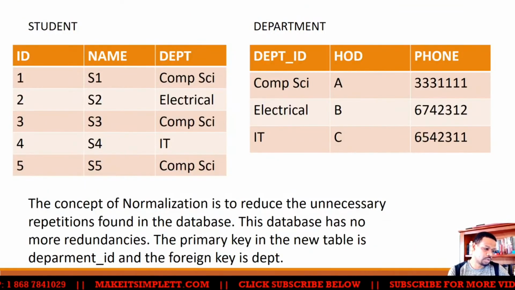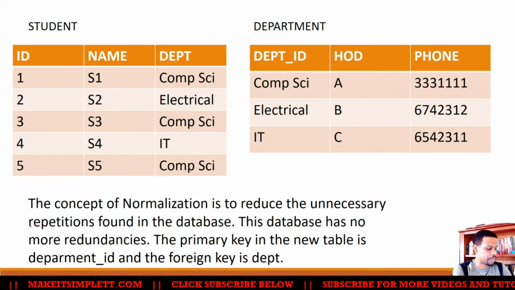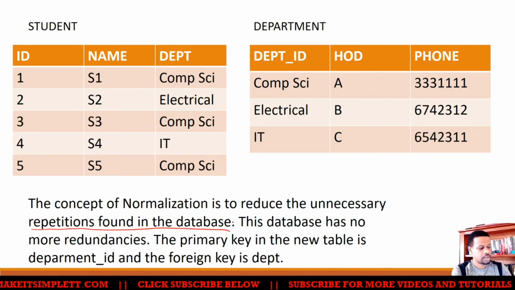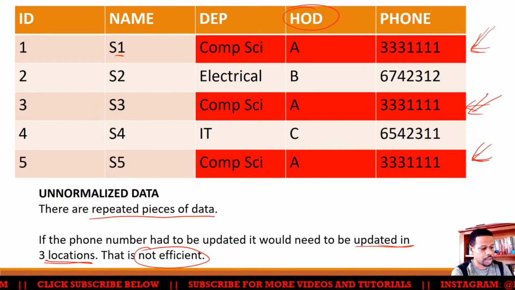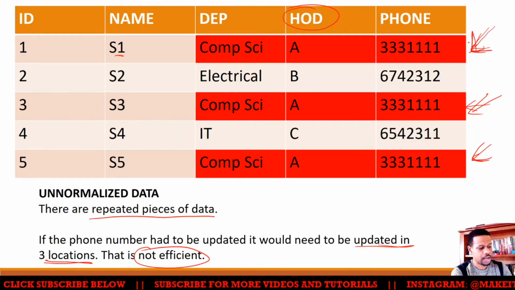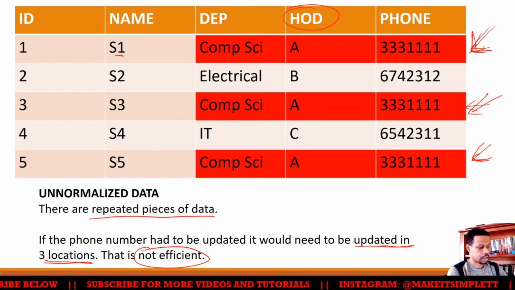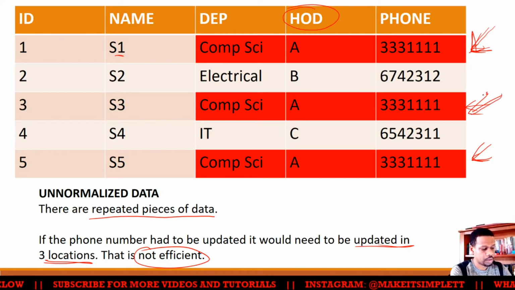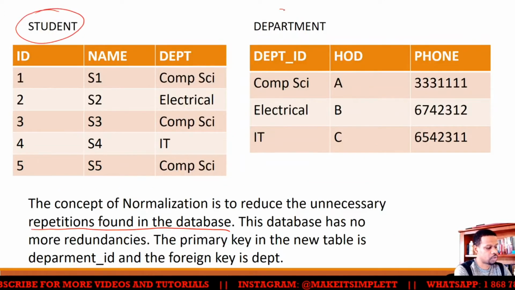So what you want to do is, normalization is going to reduce the unnecessary repetitions found in the database. Instead of having the ComSci department, the HOD information and the phone number repeating 3 times, you'll create 2 tables, one for student, one for department.